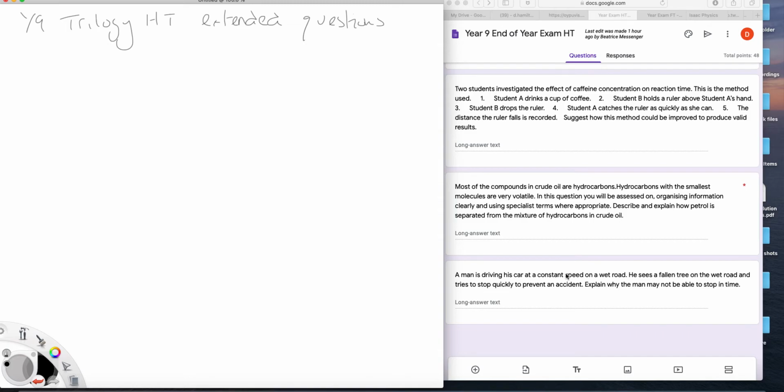what happens is the crude oil is heated, the various compounds in it vaporize, they enter the fractionating column. As you go up the column, the temperature falls. The different compounds within the crude oil condense at different temperatures.